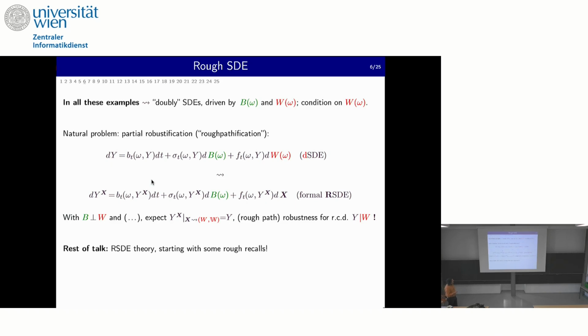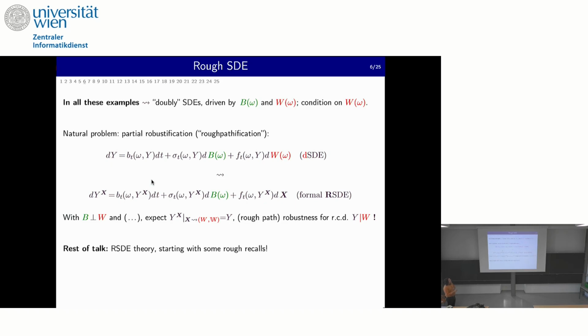So now I've given you 3 examples, and I could have given you a few more: whenever you have, say, particle systems with common noise, and you have a propagation of chaos, and then you get some mean field SDE, but you also have this common noise around. So there are more examples where you have this structure. You have 2 batches of noise, Brownian noise B and W, or maybe martingale noise.